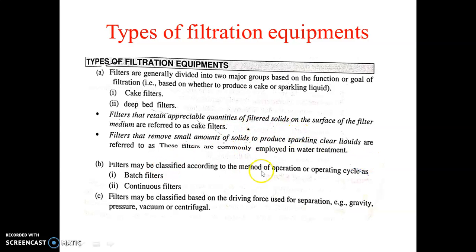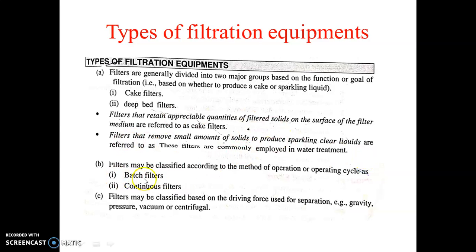Again, by method of operation or operating cycle, filters may be classified as batch filters and continuous filters. In a batch filter, we have a small quantity of slurry that we pass through the filter medium, collect the solid material and filter it. Then for the second batch, we again send the slurry into the filter equipment and collect the clear liquid and solid.